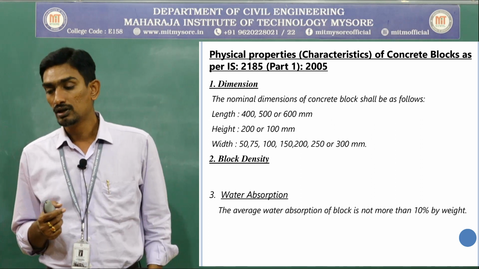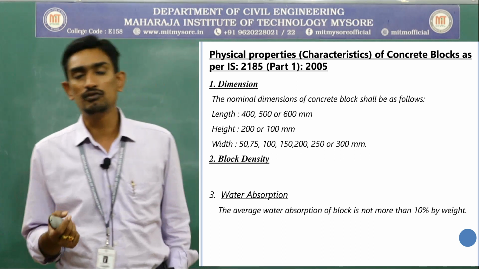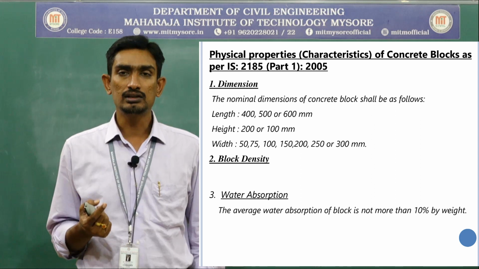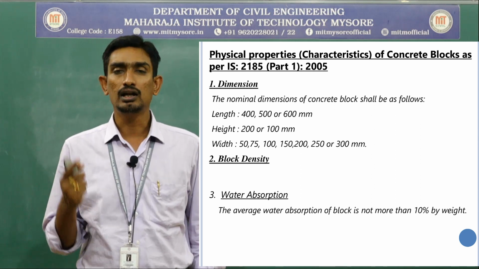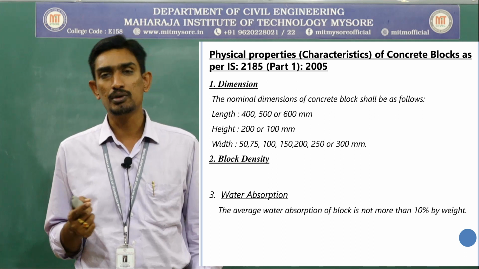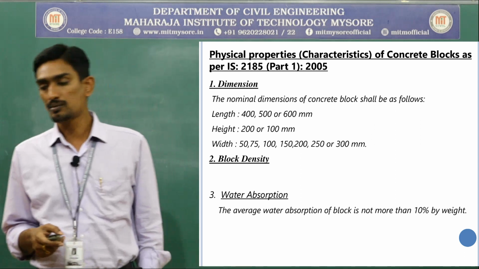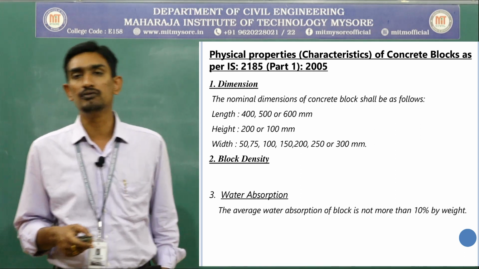Next, density, which I think has already been discussed, block density. Density will vary based upon grade A, grade B, grade C. Grade A, I think it is 1500, grade B 1000 to 1500, and grade C 1800 kg per cubic meter. Next, water absorption. The water absorption value of the block should not be more than 10% by weight.